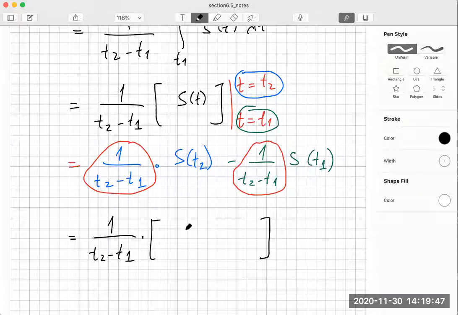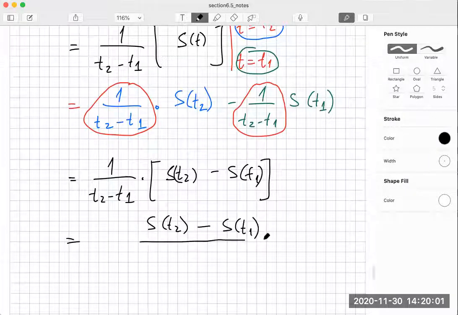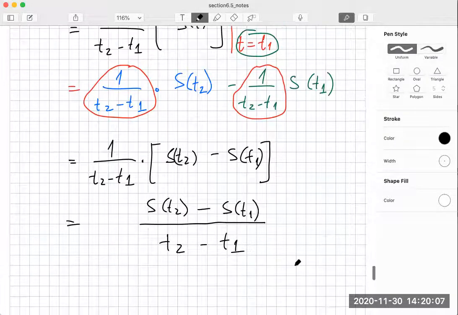S of T2 minus S of T1. Perfect. That's it. Or we can write it as S of T2 minus S of T1 over T2 minus T1, which is exactly the formula of average velocity, right? Then we're done. Okay?